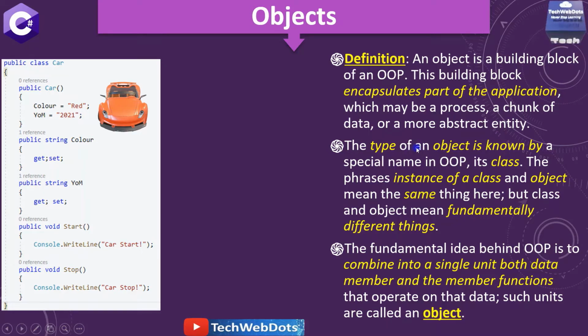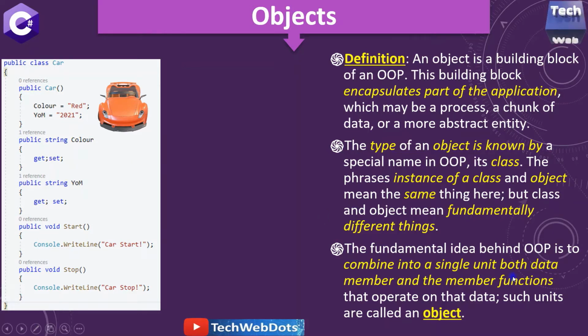The phrase instance of a class and object mean the same, but class and object are fundamentally different things, as I have shown you. Class is just an entity that contains everything, and object is where we specify all its important functions, data members, and all other things.